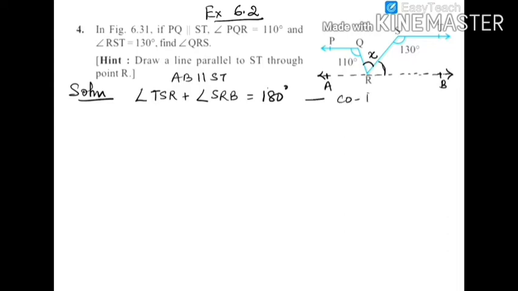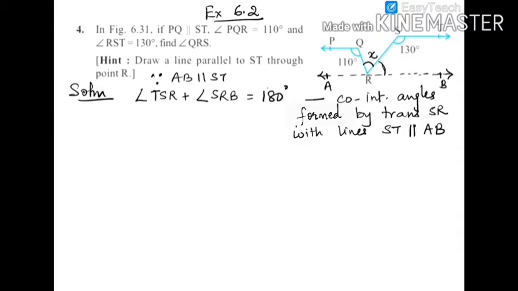Write down the reason: co-interior angles formed by transversal SR with lines ST parallel to AB. But angle RST is given as 130.